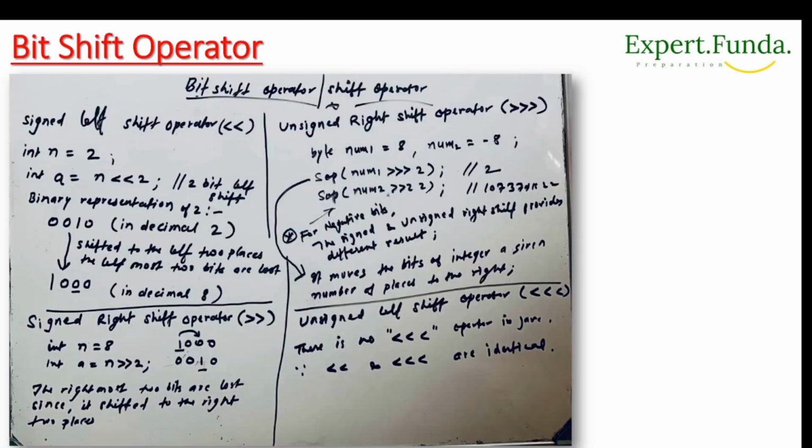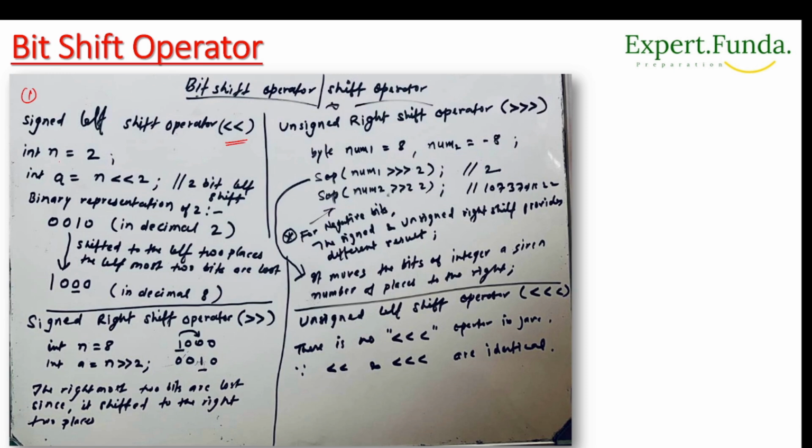Let's understand the bit shift operator. It is very important to understand bit shift operators, because almost all the questions you will see are on bit shift operators. So how many types of bit shift operators are there? We have first the signed left shift operator, where you will see the double less than operator.